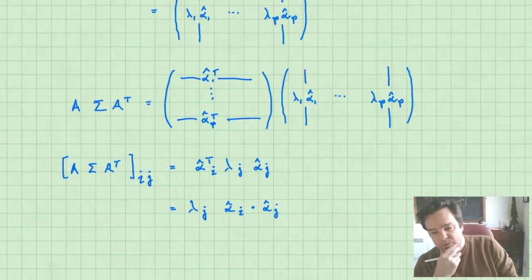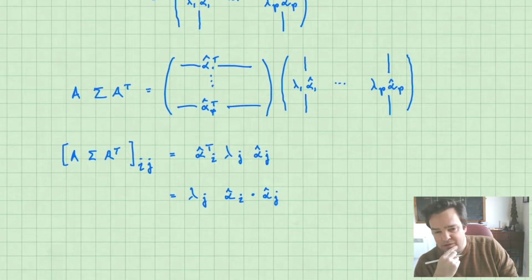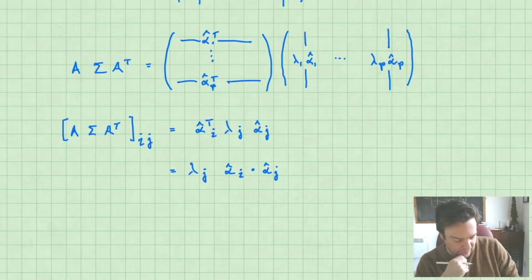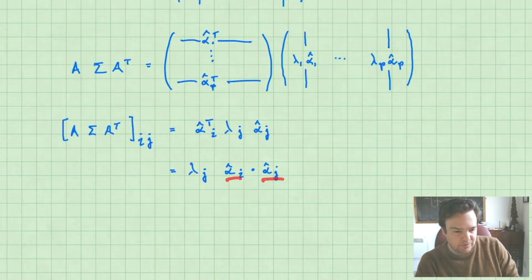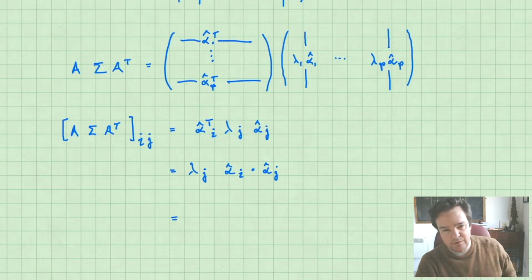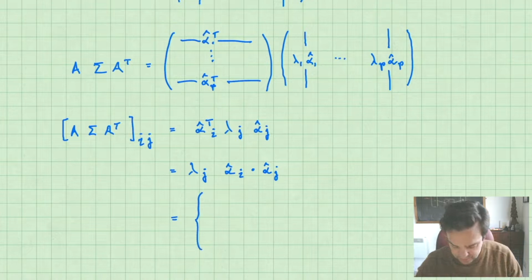But these alphas, these eigenvectors, if you remember from yesterday's lecture, are orthonormal. They all have length 1, and they're all orthogonal to any of the other ones in the set. And so this calculation is just equal to one of two different things. It's equal to lambda j if i is equal to j.